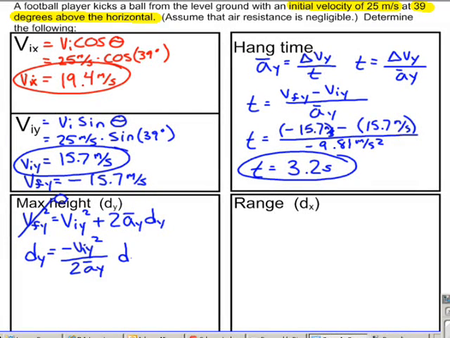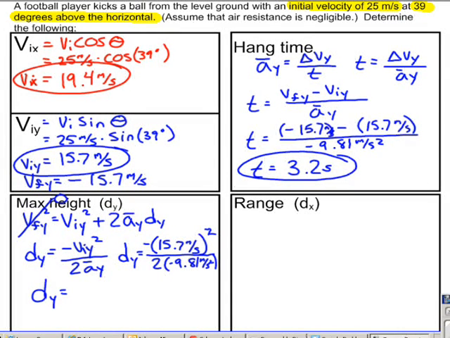Now plugging in for VI sub y as 15.7 meters per second, and then if we also plug in our acceleration in the y direction, which we know to be negative 9.81 meters per second squared, we come up with a displacement in the y direction when the final velocity is 0 meters per second of 12.6 meters. So this object goes 12.6 meters up in the air.